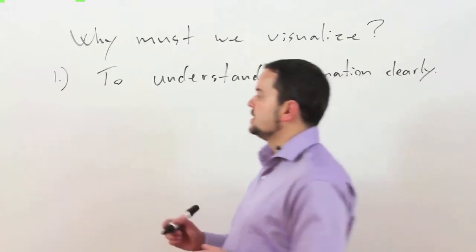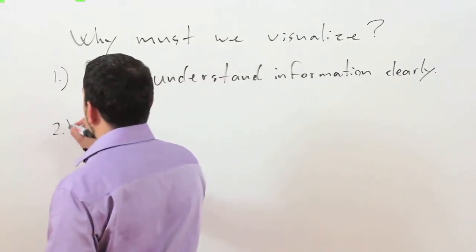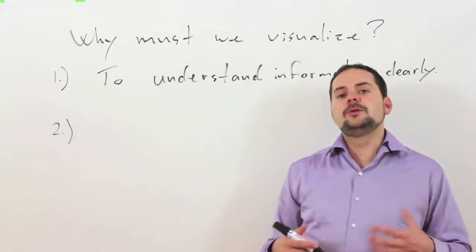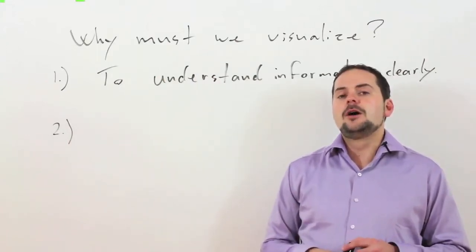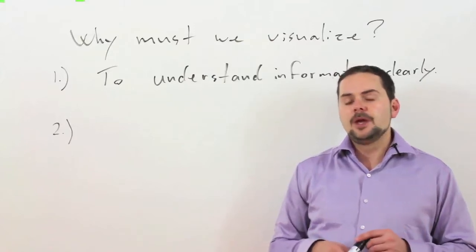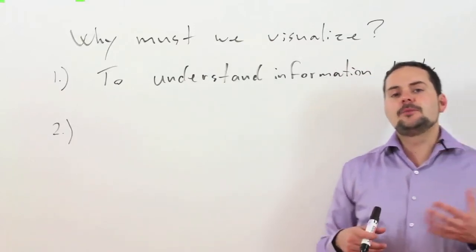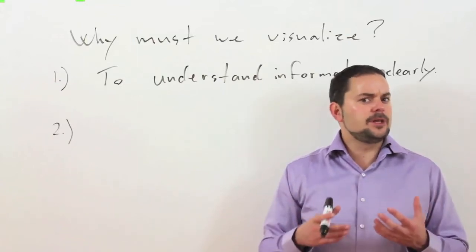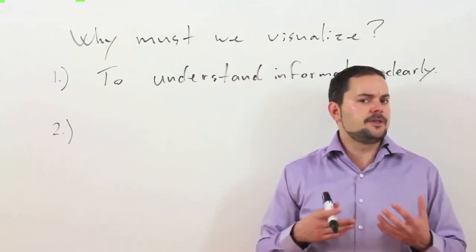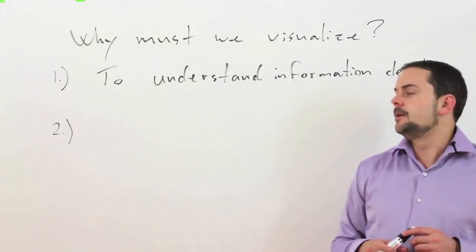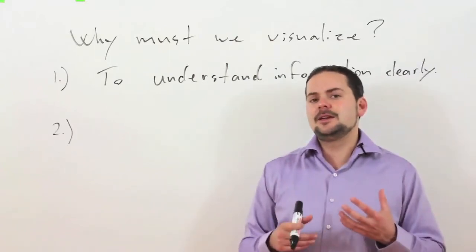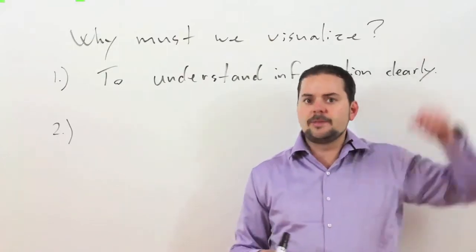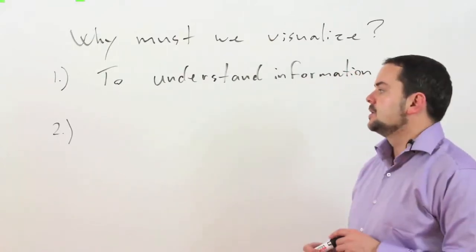Okay, the second reason why we need to visualize information is to try to remember information much longer and more accurately. Many times students read a passage in the IELTS and then they don't remember the information they just read, even if they understand the words. This is because they don't see the information, so the information goes in their eyes and kind of goes out the back of the head.